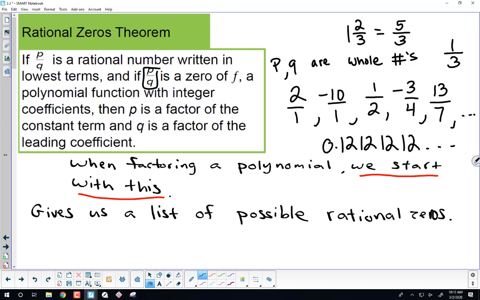So the idea is this theorem, given a specific function, will give us a finite list of numbers that we can try to plug in to see if we get a 0.